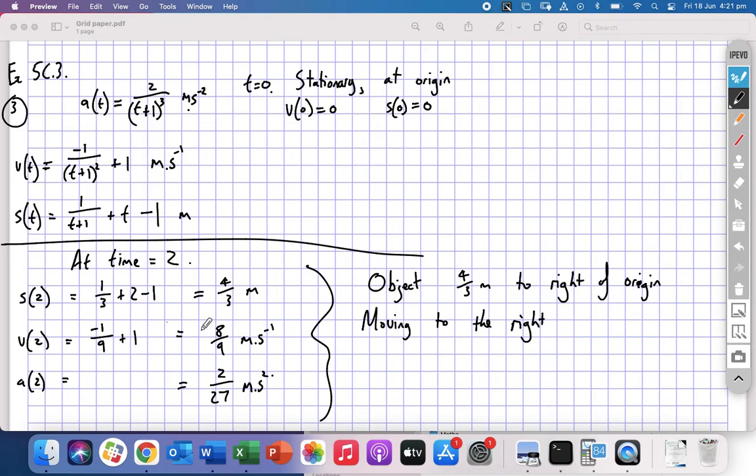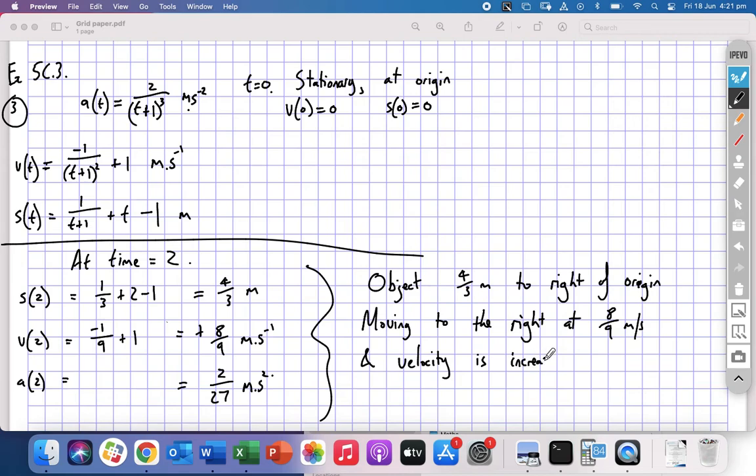That's because this velocity is positive, right? You can write down the velocity if you like, and it's accelerating as well, and its velocity is increasing.